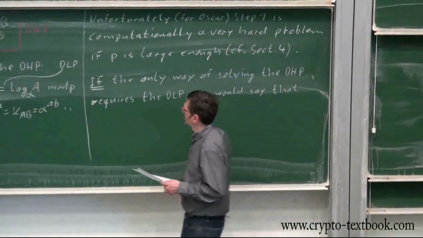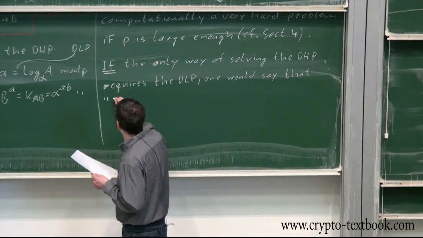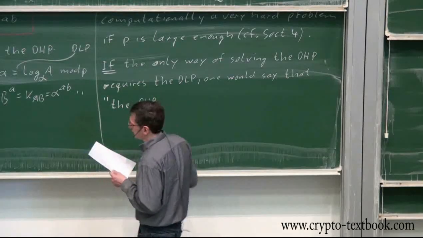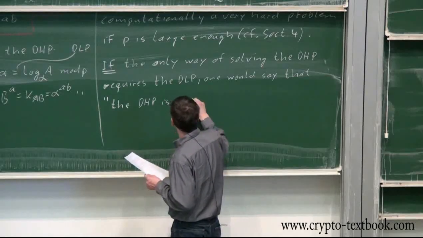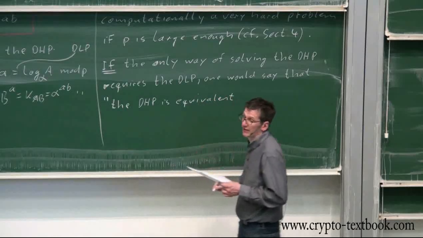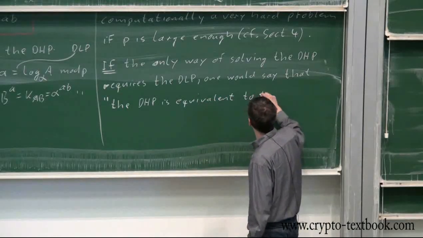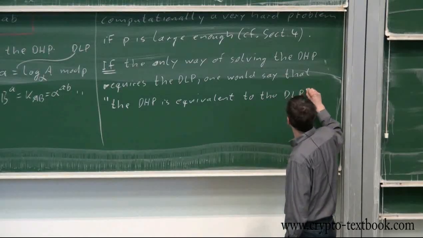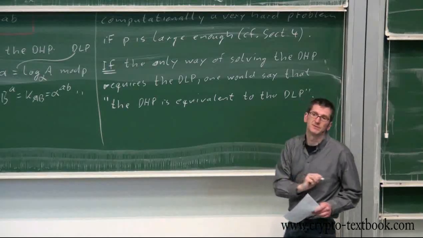in quotation marks, the Diffie-Hellman problem is equivalent to the DLP.